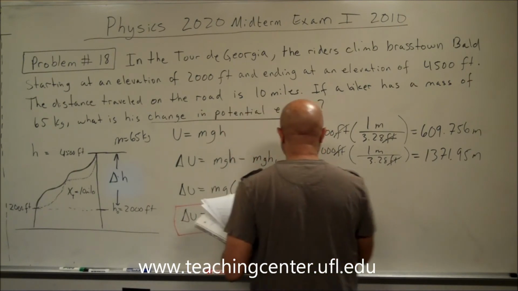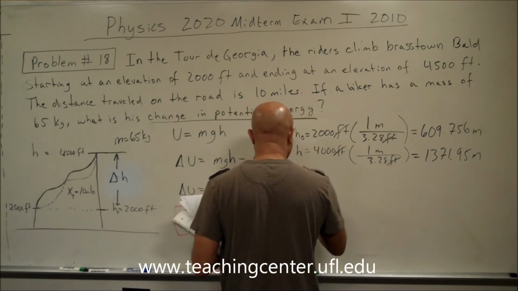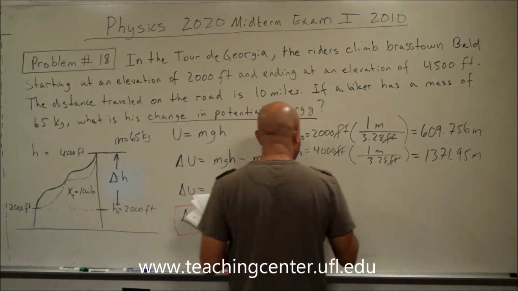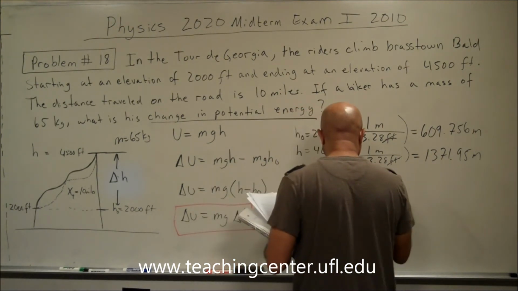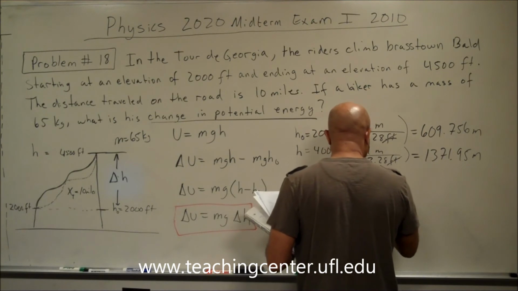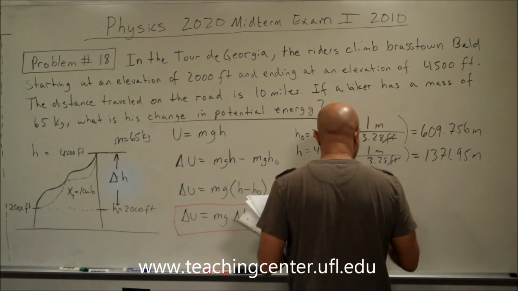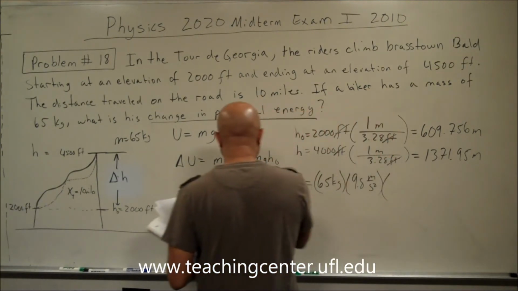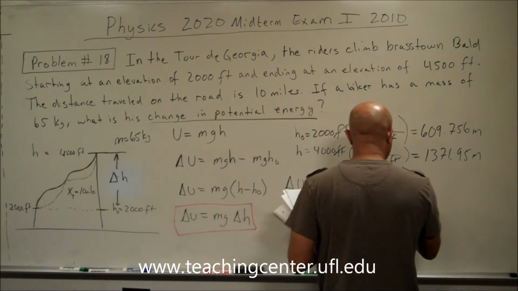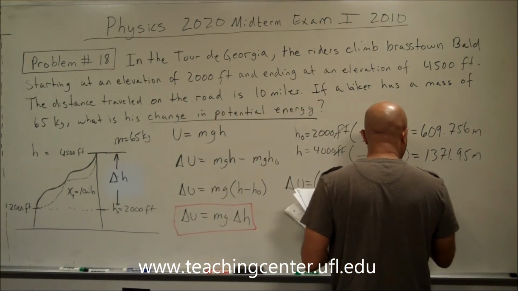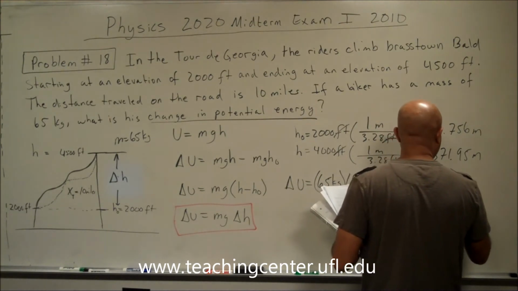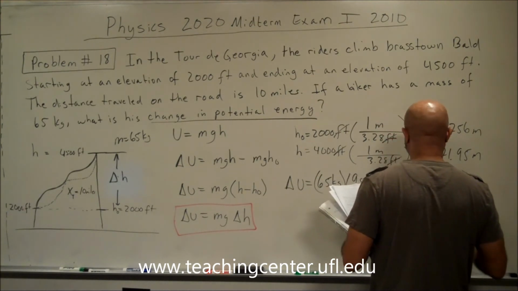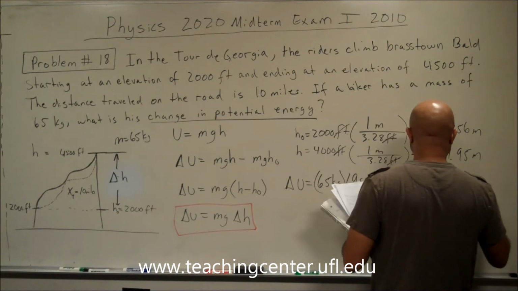Now we can substitute into the equation. The change in potential energy is 65 kilograms multiplied by 9.8 meters per second squared times delta H, which is your final H, 1371.95, minus 609.756, in meters.